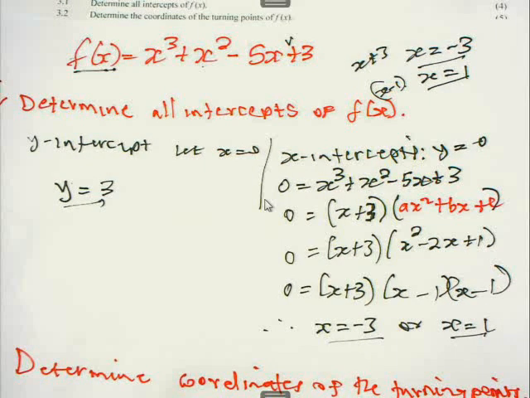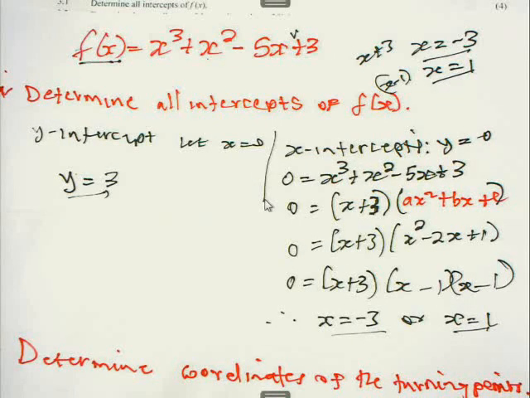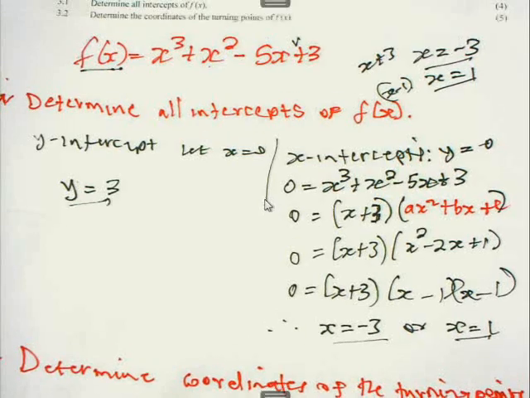Right, thank you, boys and girls. I believe that you are done. I believe that we have the coordinates of the turning points as requested here. Let us look at what you have. You can just share it with your friends next to you to check if you did the same thing before I go through this part with you.